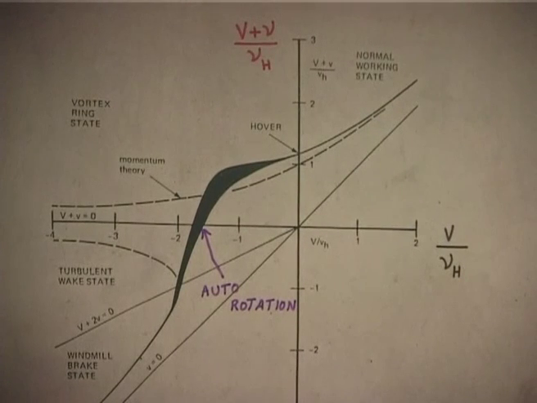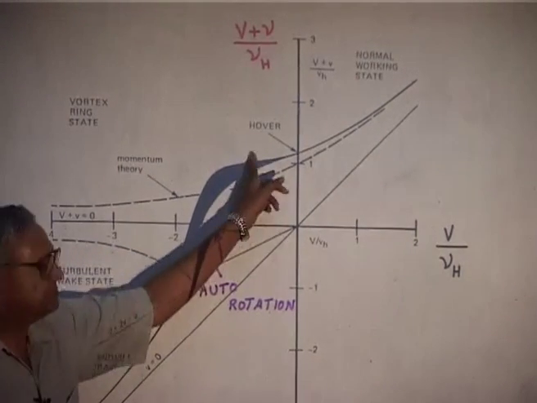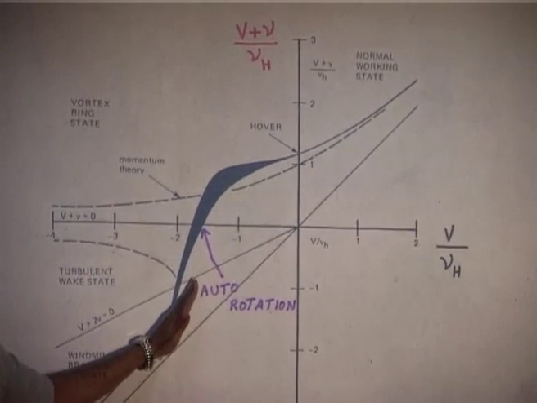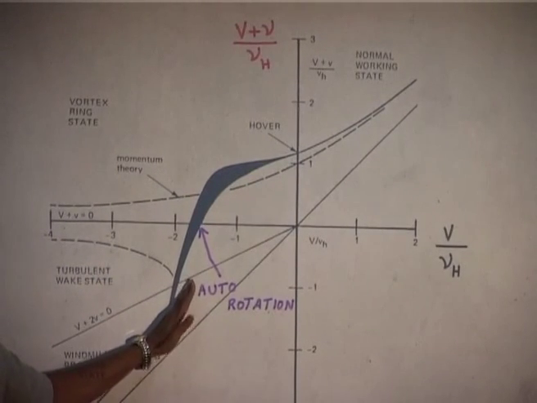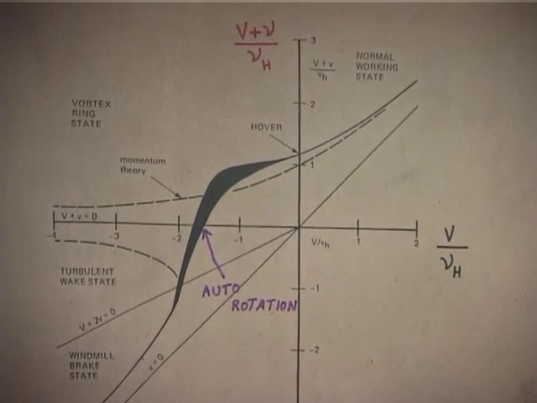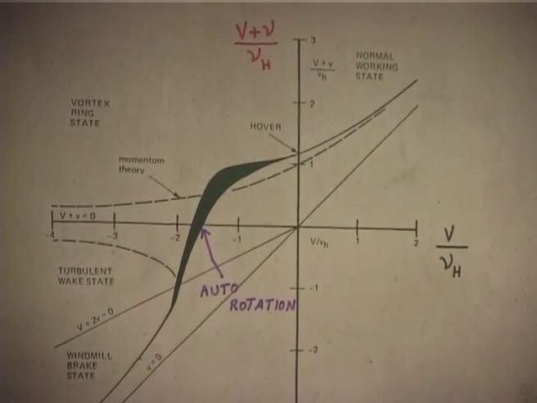But you can't use this expression completely even here, because this line will go like this, you understand, and that line will come like this. So, you can have some kind of an approximation.